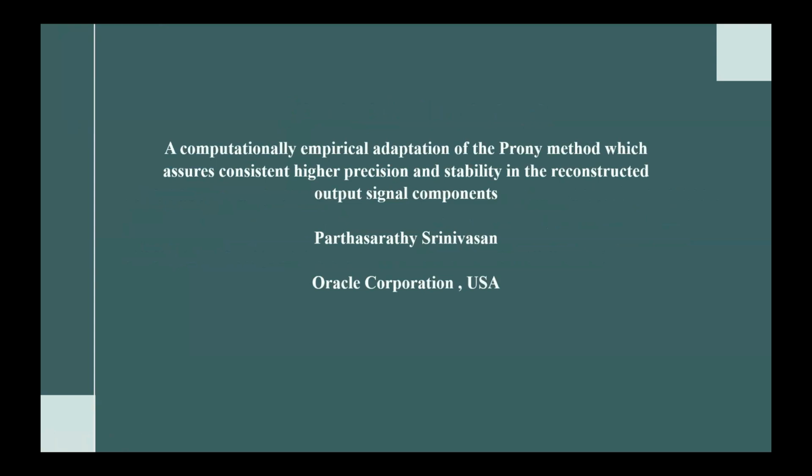The Prony method was introduced by Giuseppe Prony in the 1700s, in which he made an observation wherein the exponential expansion of gases was modeled as a system of linear equations by his insight.